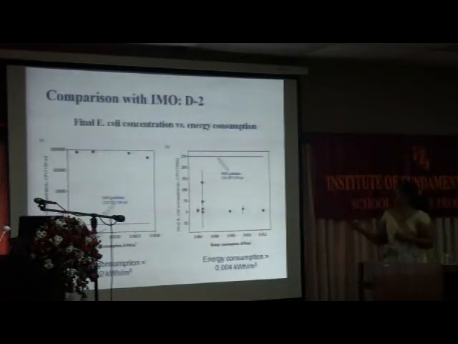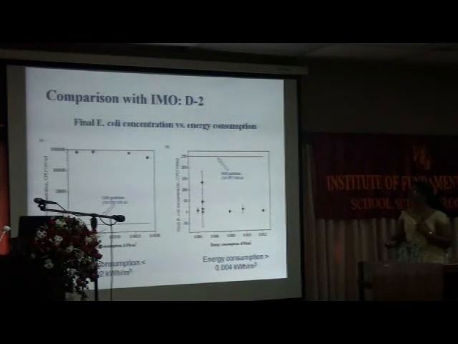Now these are the IMO guidelines. I have used only the E. coli data. The guideline was 250 CFU per 100 milliliters, and we have achieved it. Why have I plotted this in 2 diagrams? Can you see the scale?